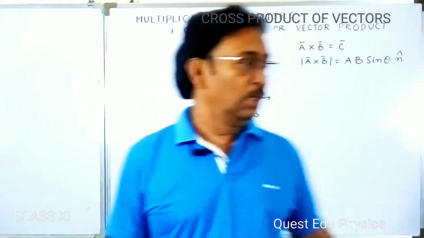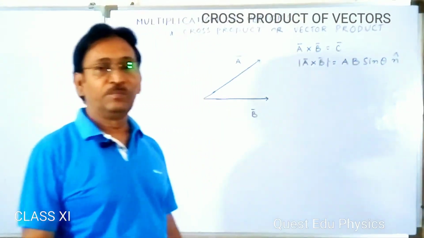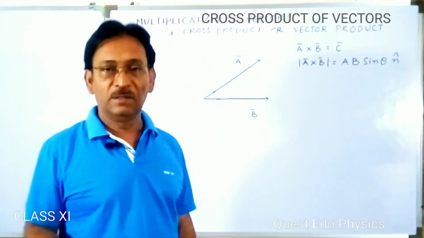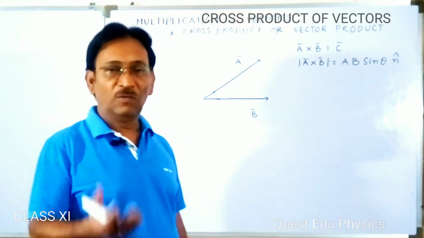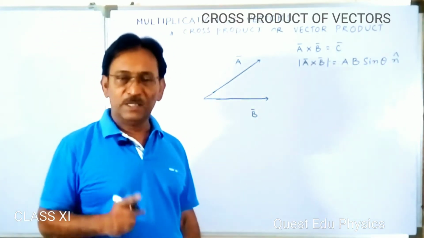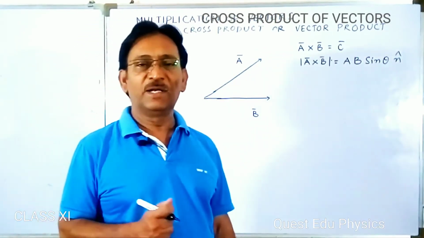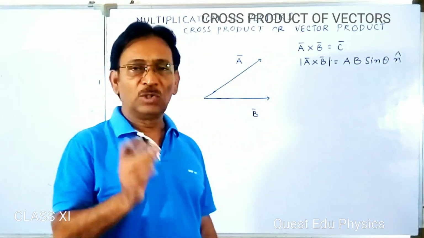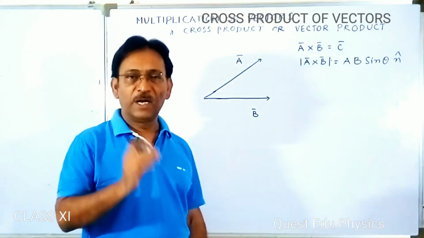But every time we mention the direction, and how we can get the direction of the resultant vector is the important thing. But it is easy to know the direction. To know the direction, you must know the right hand rule.